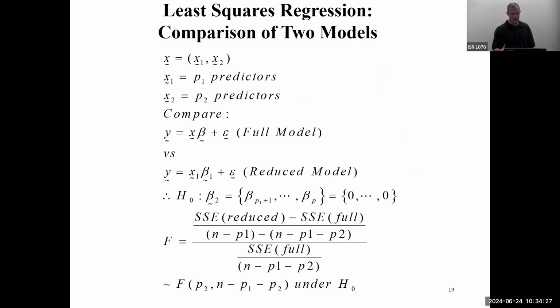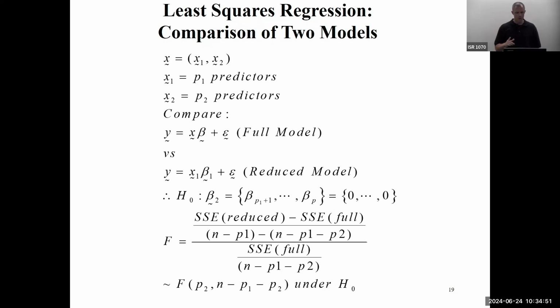Okay, the null hypothesis is that all the regression parameters for the predictors in that second set, X2 tilde, are equal to 0. So when you're testing whether a block of predictors is important and making a meaningful contribution, you're essentially testing the null hypothesis that all the coefficients of those predictors are equal to 0. It's just important to keep that in mind.